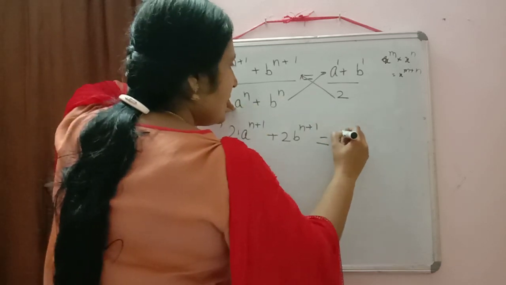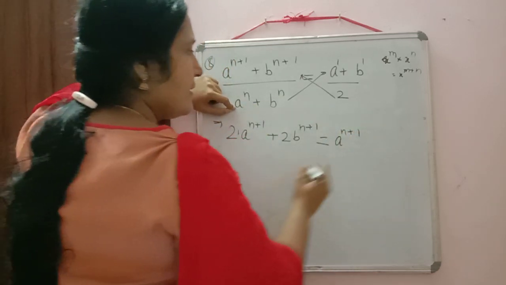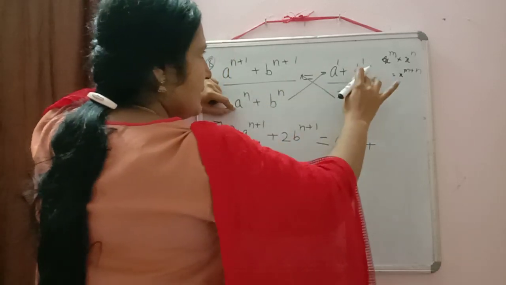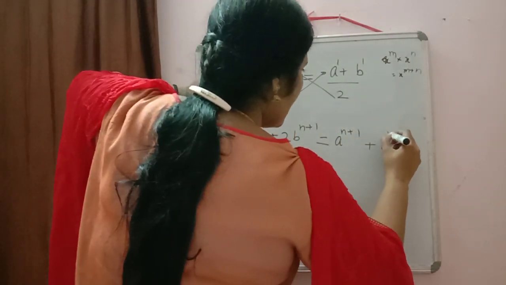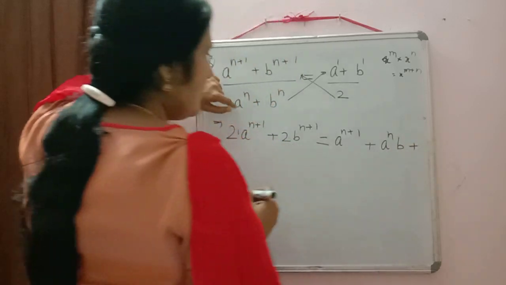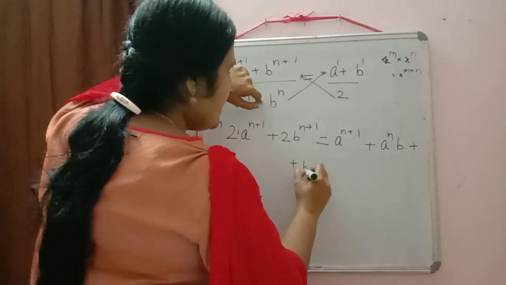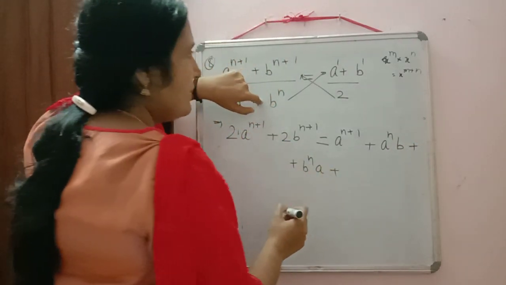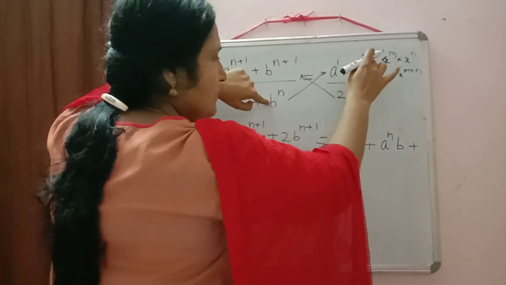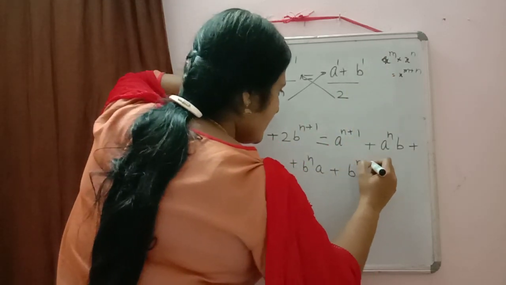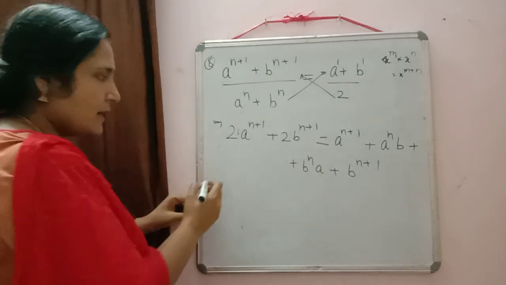So we will get a raised to n plus 1 plus a raised to n multiplied by b. So that will be as it is, a raised to n into b. Then b raised to n multiplied by a. Then plus b raised to n into b raised to 1, so that will be equal to b raised to n plus 1.